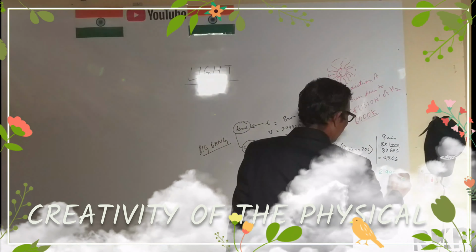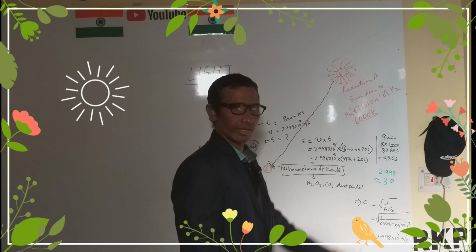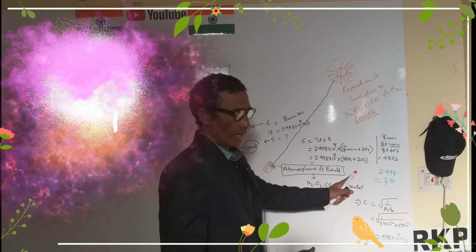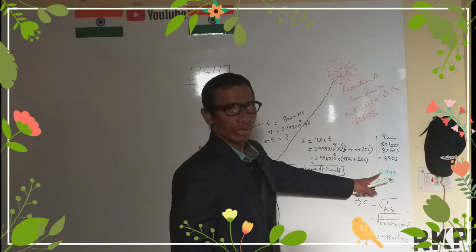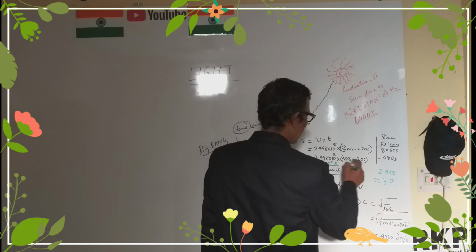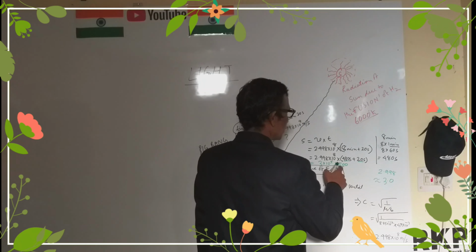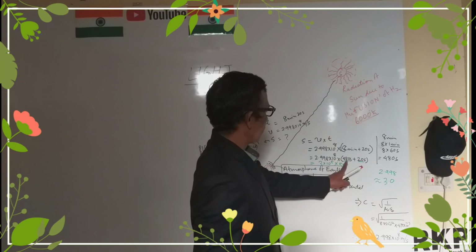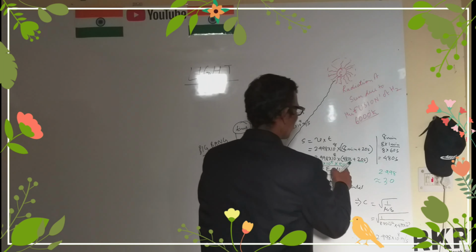For the calculation, we consider 2.998 approximately equal to 3. This is 3 into 10 to the power 8 into 500.